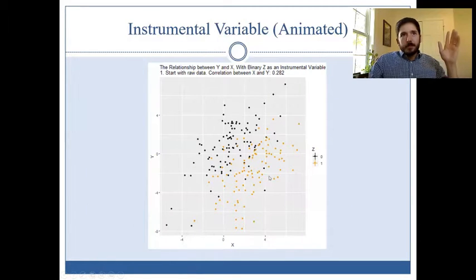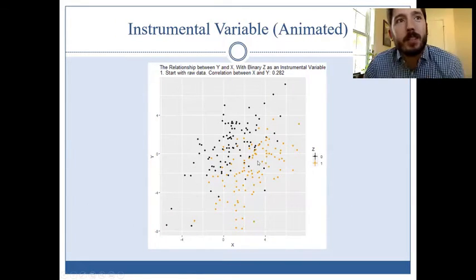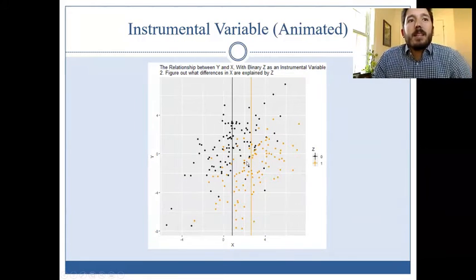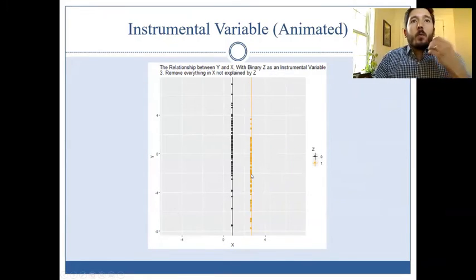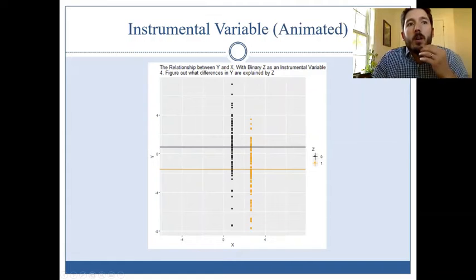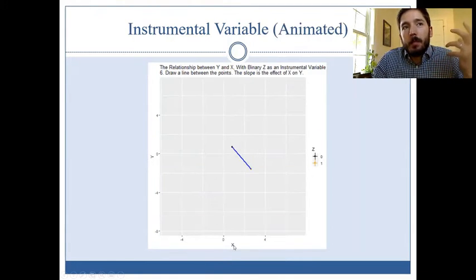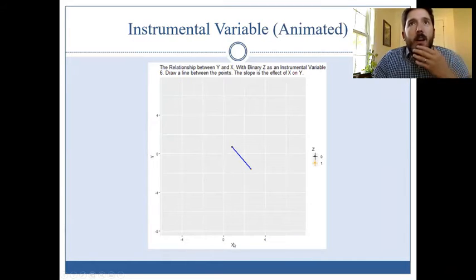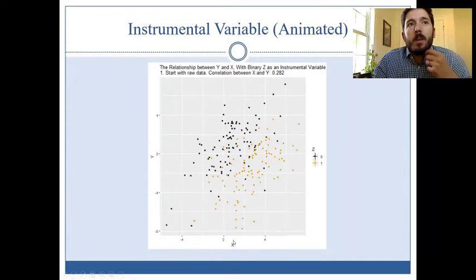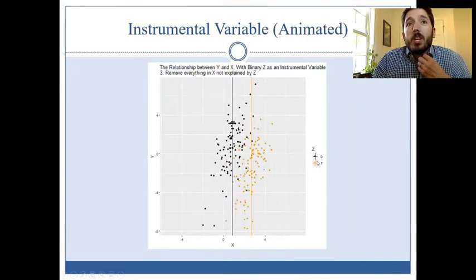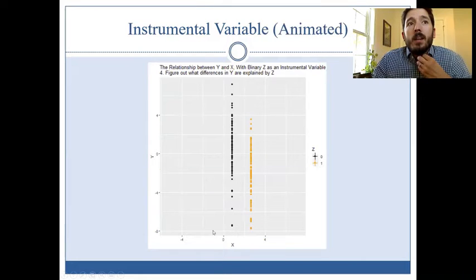Okay, but let's do this little video first because it's kind of fun. So this is the basic idea, right? We're taking just the part of, here it's labeled X, but really this is our D in our example. This is our treatment variable, and we're saying how much of that is explained by this variation in the instrument, right?